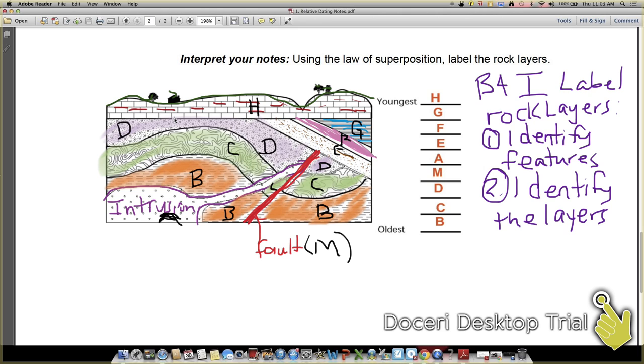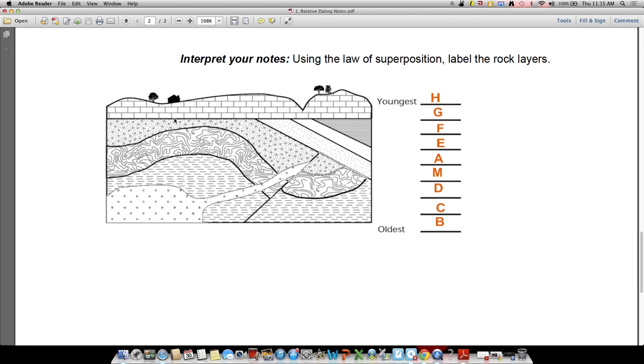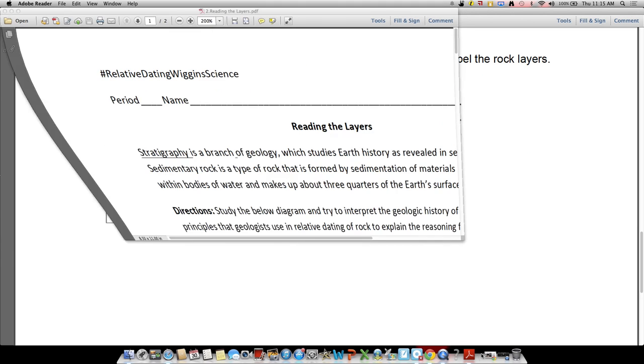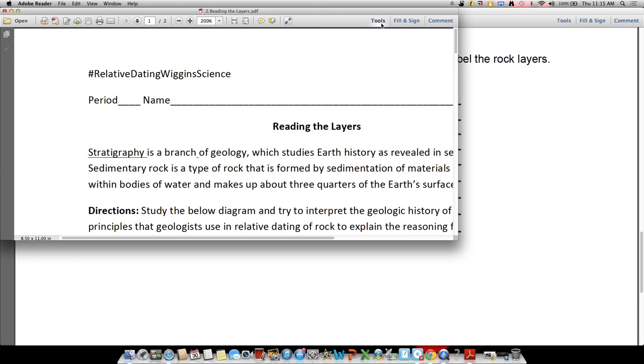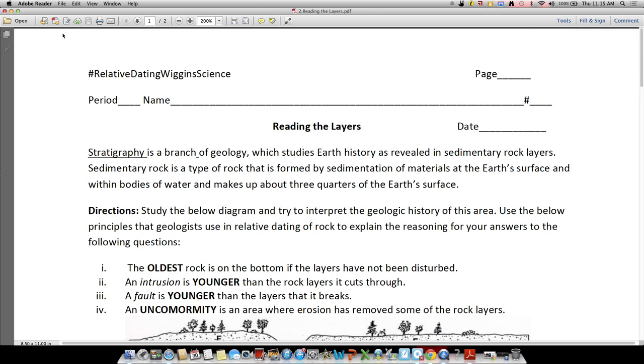All right, so now what I want you to take out is the layer sheet you're reading. Now we're going to go over some of this because this is going to be your homework.